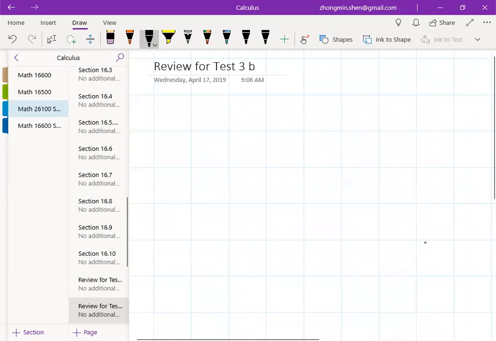But in certain cases, if it's a line integral of a vector field and the vector field is conservative, it's much easier to find the gradient function, little f, for the vector field, then evaluate that function at the two end points. So then you don't need to find the parameterization for the path to evaluate the integral of the vector field around the curve.